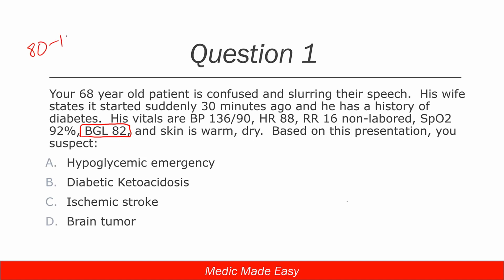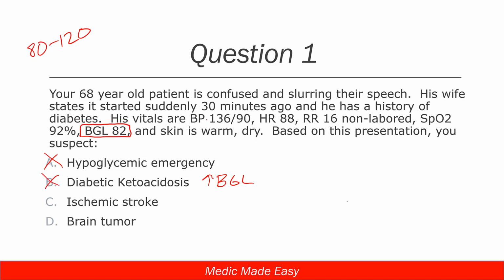Most books will tell you a normal blood sugar is 80 to 120. So 82 is not hypoglycemic, so it's not A. DKA is a high blood sugar problem, so same rationale. We don't have a high blood sugar, so it's not that answer.